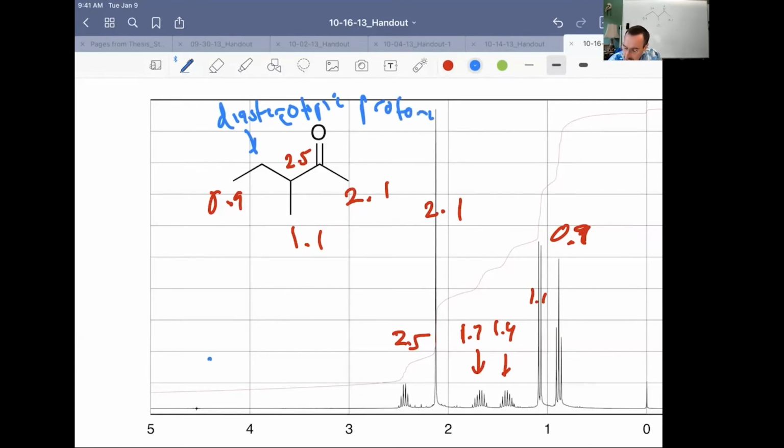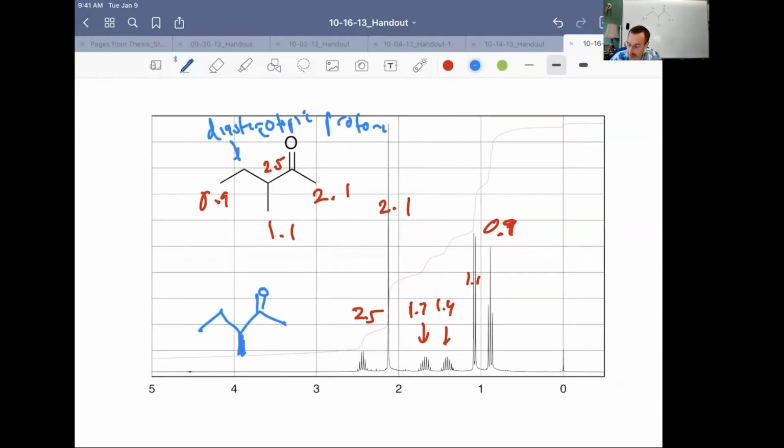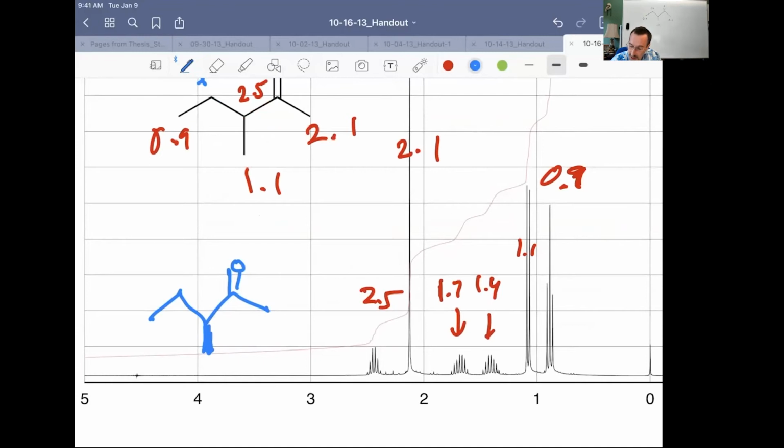In our chain, whether I draw it or not, we have a stereocenter. Even if the molecule is racemic, which I can guarantee you it is, we have a stereocenter. One of those hydrogens is on the same quote unquote side as the methyl. One of them is on the opposite quote unquote side. They have a different relationship to that methyl group, whether I've drawn it as a stereocenter or not. And so these two protons are diastereotopic.